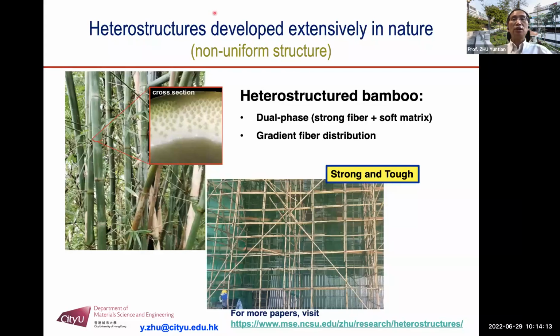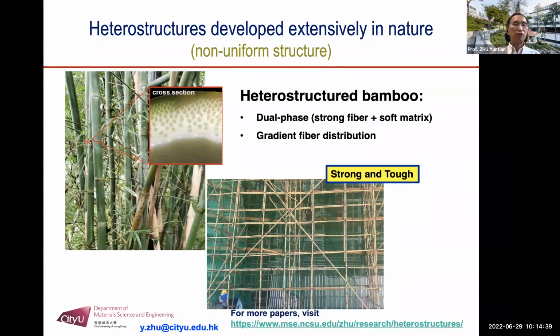In nature, there are plenty of heterostructures developed over millions of years. In essence, heterostructures can be regarded as non-uniform structure. One example is heterostructured bamboo.